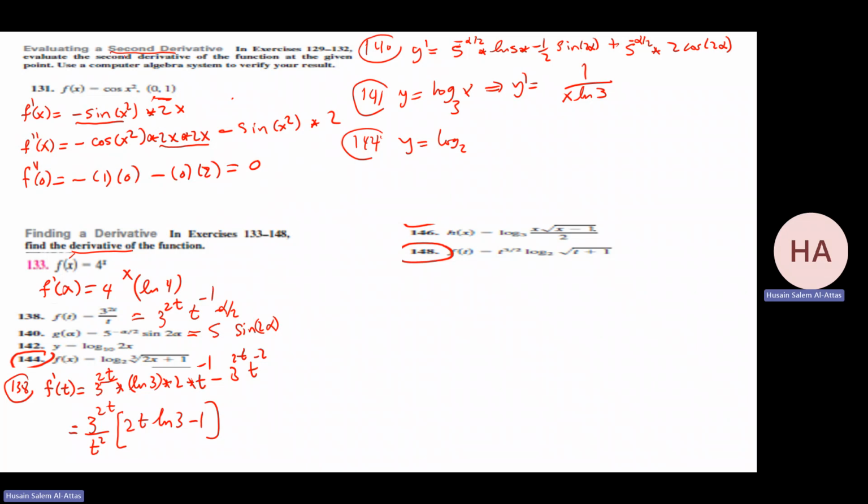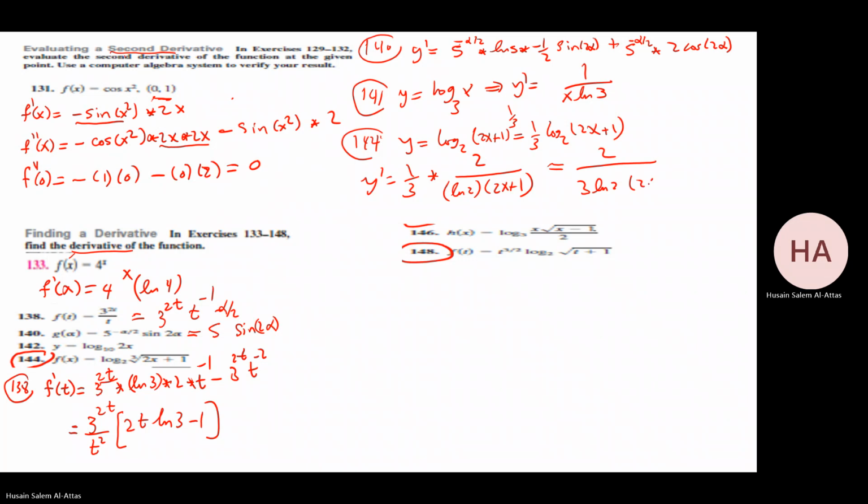Log with the base 2 of 2x plus 1 to the power 1 over 3, which is 1 over 3 log with the base 2 of 2x plus 1. So it will be y prime 1 over 3 times, I have ln 2 times u, derivative of u. So that will be 2 over 3 ln 2 times 2x plus 1.